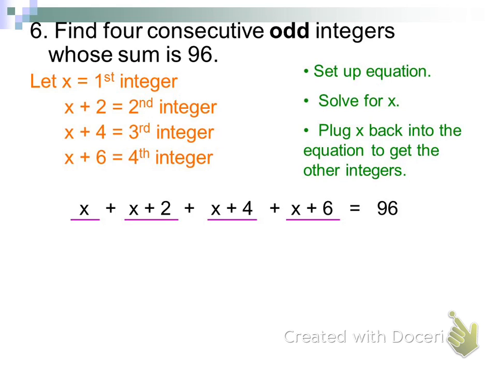The first step to solving that equation is to combine like terms. So add the x's. We have 1, 2, 3, 4 of them. And then we have 2, 4, 6. So that should give me 4x plus 12 still equals 96. Then what? Subtract 12 from both sides.